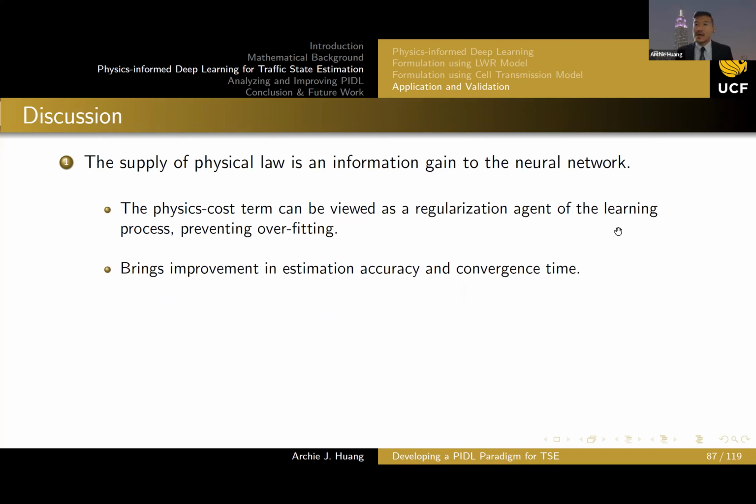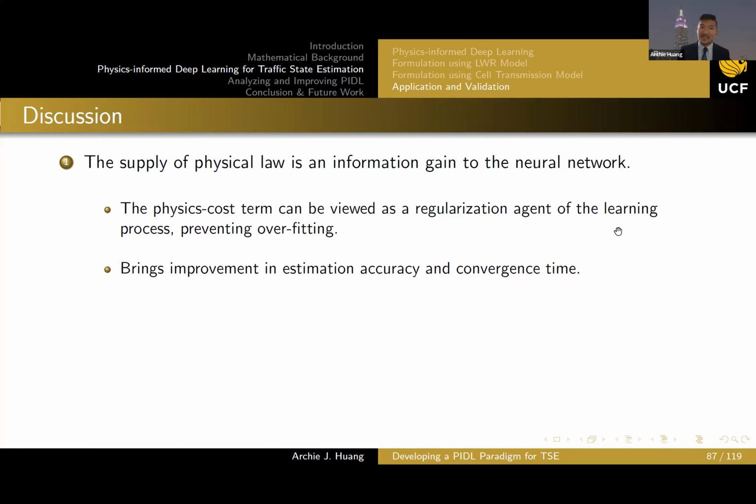So finally, let's recap all the contents in this video and what we have learned. In the discussion part, the first point I want to make is that the supply of physical law, which is the main difference between the PIDL approach and DL approach, is an information gain to the neural network.